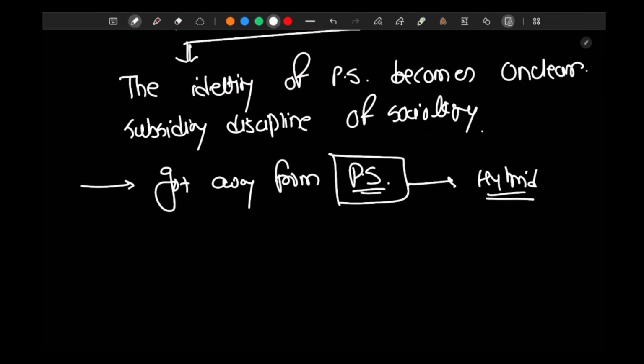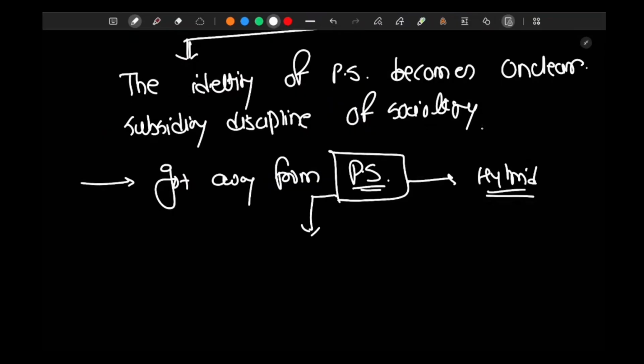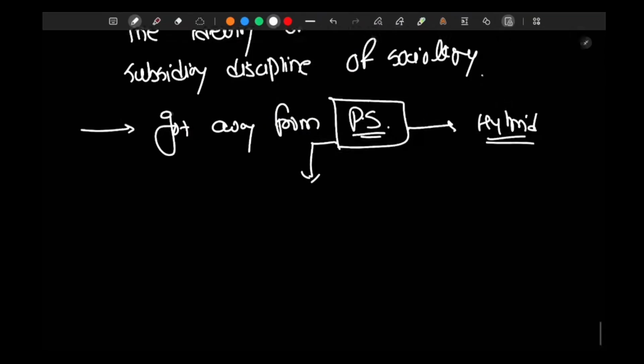When political scientists started doing a lot of analysis through a sociological lens, they got insecure that political science may lose its identity.